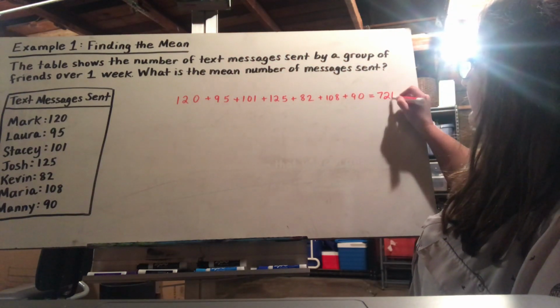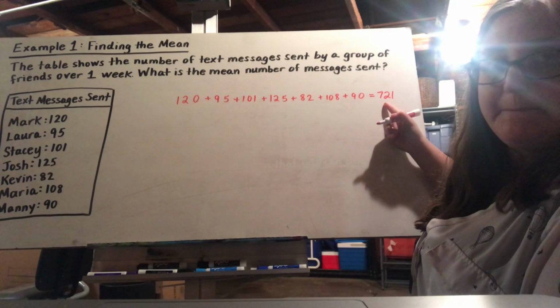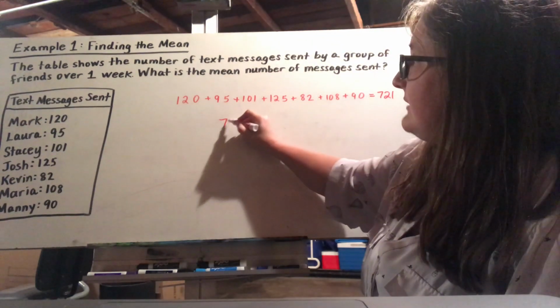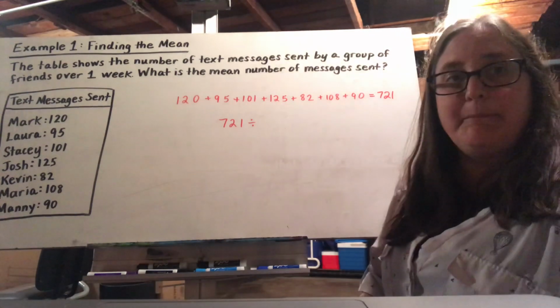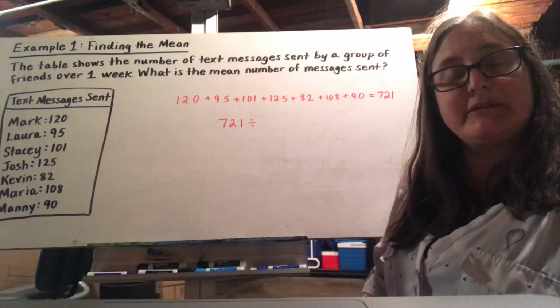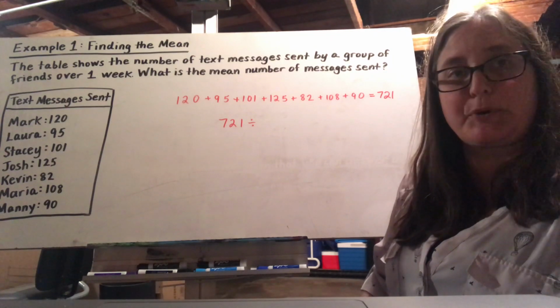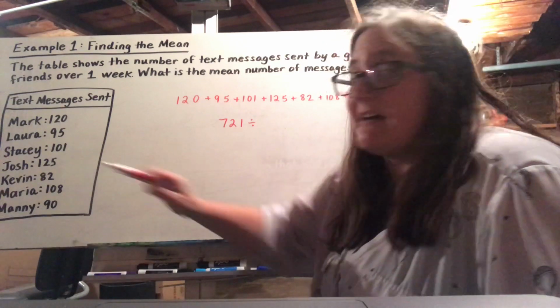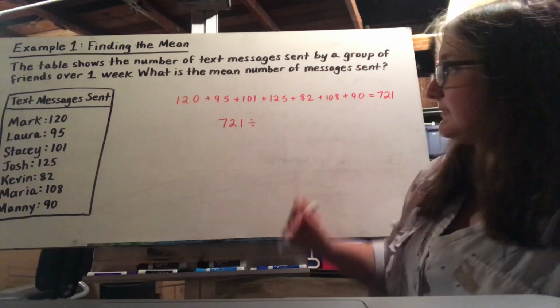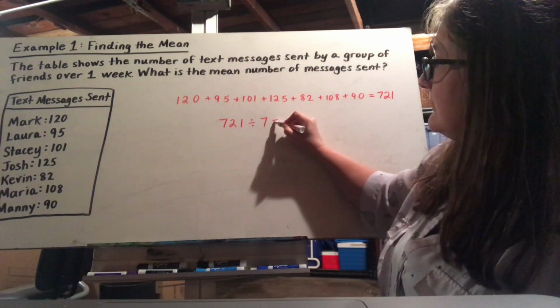Now this number itself does not represent the mean. What I need to do is take that total and divide it by how many people were sending the messages. So I'm kind of finding an average per person. So I have 1, 2, 3, 4, 5, 6, 7 friends in this group sending the messages. So I'm going to be dividing by 7.